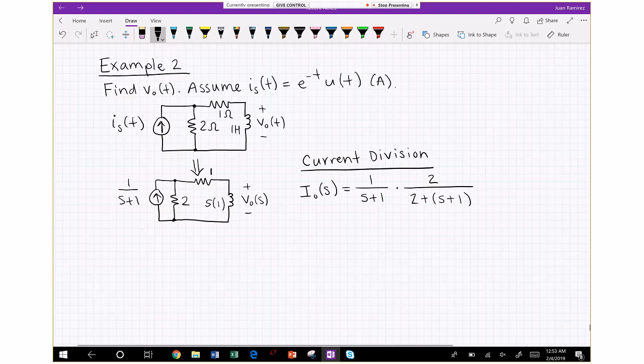Okay, so that'll give you 2 over s plus 1 times s plus 3.